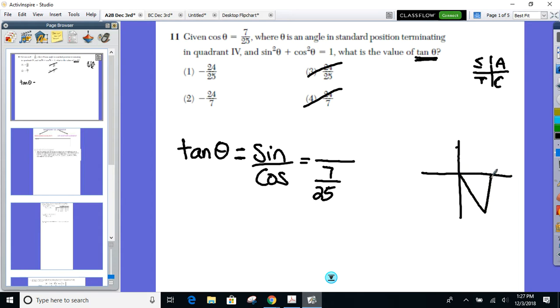Bow tie if you forget. Where can I place the 7 and the 25? If it's cosine, adjacent, 7, and hypotenuse, 25. What can you guys use to find the missing side, which I am going to need? Pythag, go right ahead.